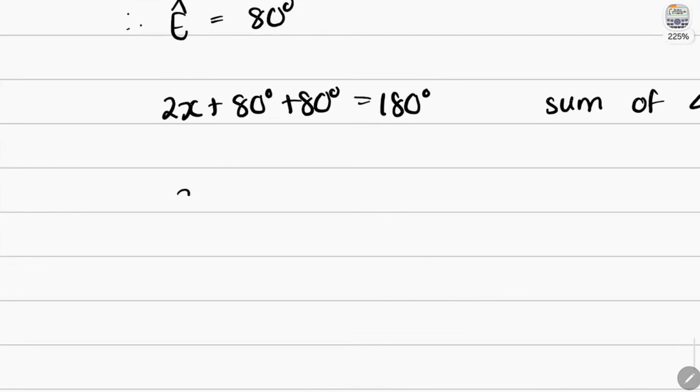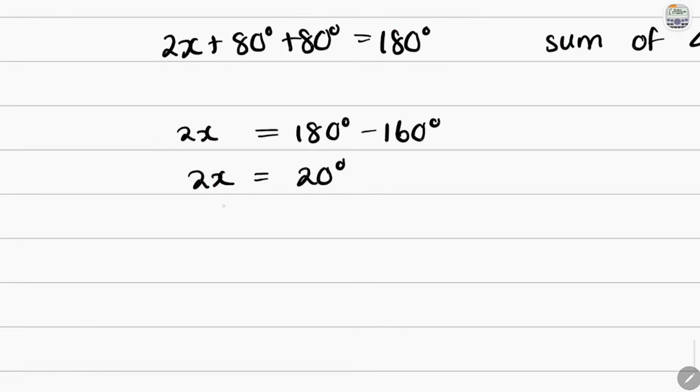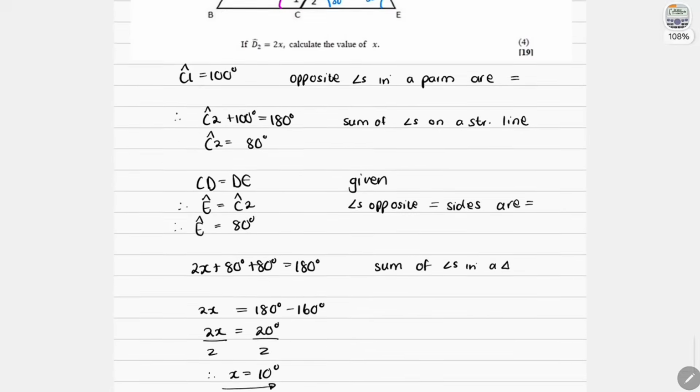So 2x plus 160 degrees is equal to 180 degrees. Then we transpose 160 degrees, so it becomes negative: 2x is equal to 180 degrees minus 160 degrees, and that gives us 20 degrees. Then we solve for x by dividing both sides by 2, and x is finally equal to 10 degrees. And that is our answer.